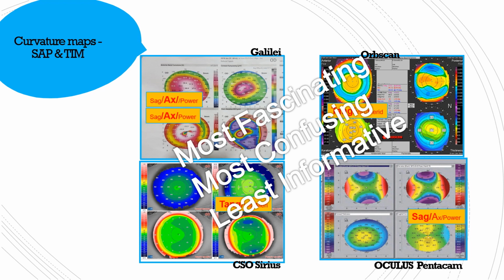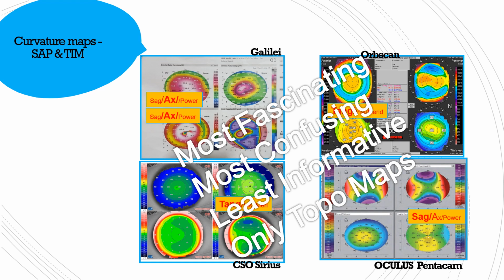When I say least informative, that means as compared to pachy maps and as compared to elevation maps, they are least informative. And above all, they are only topography maps, which means they are not based on tomography. They are usually based on the topography. So these are most fascinating, most confusing, least informative, and only topography maps.